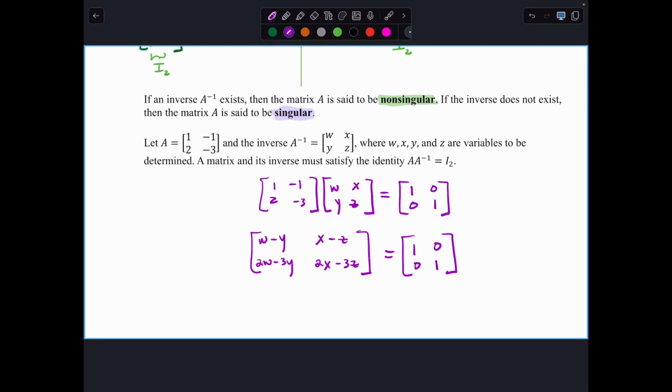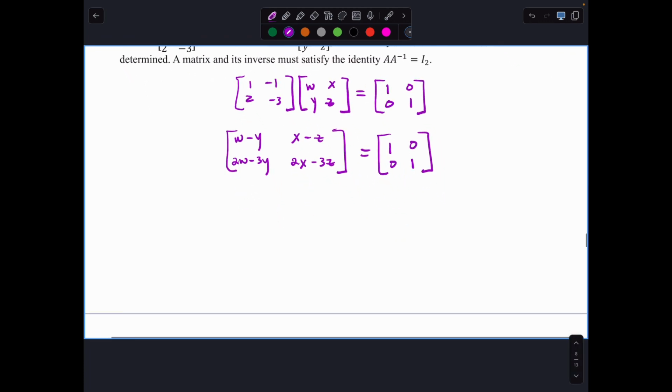Remember at the very beginning of this lesson last class, we talked about equality of matrices? Two matrices are equal to each other if each corresponding element is equal to the other. Well, we have a 2 by 2 equal to a 2 by 2.